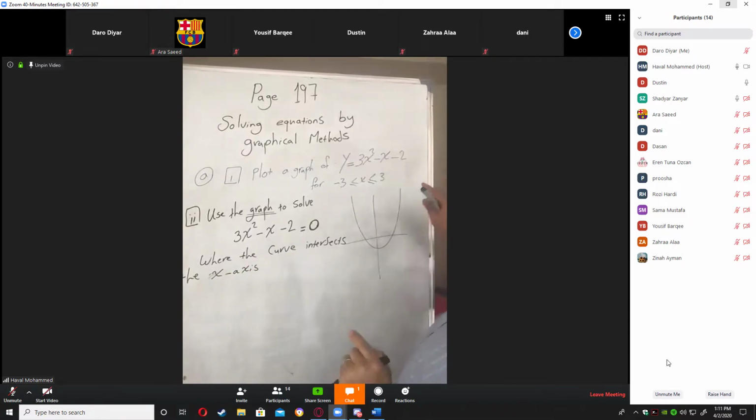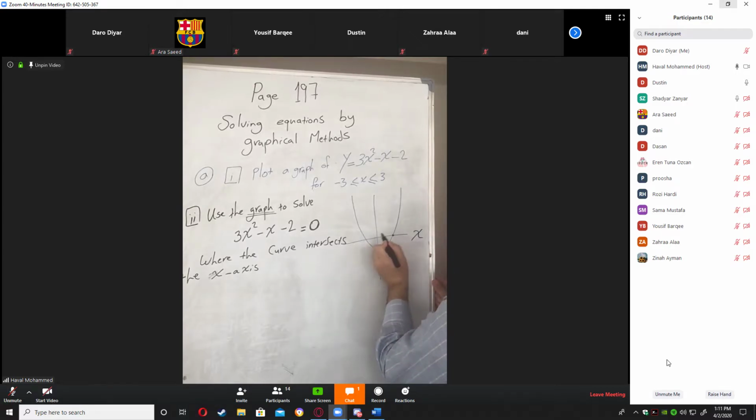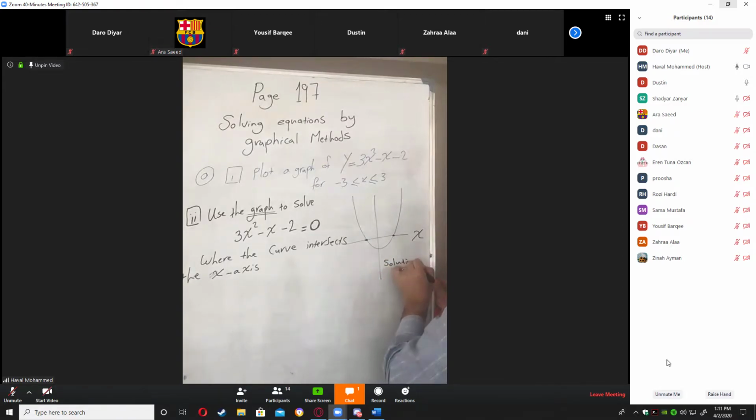You need to check at what point my curve is actually going through the x-axis. This is the x-axis. It's going through here and through here. Then these 2 points will be the solution. We have more than one solution. It's 2. That and this. This is the rule for solving graphically.